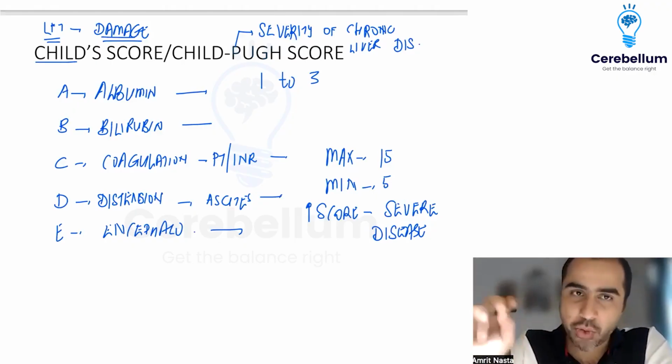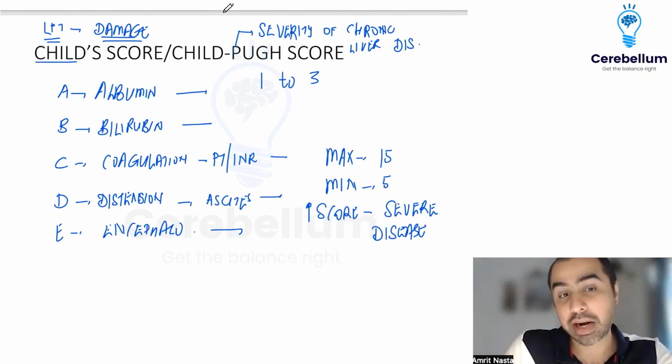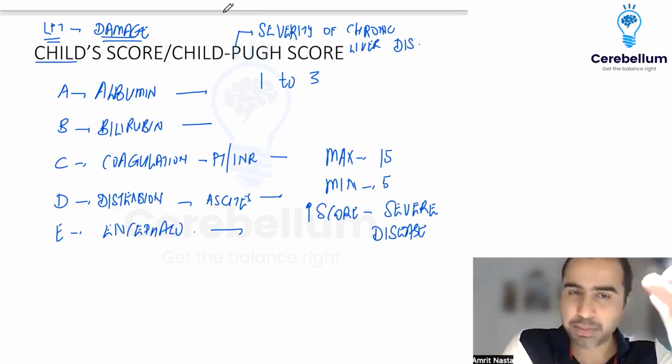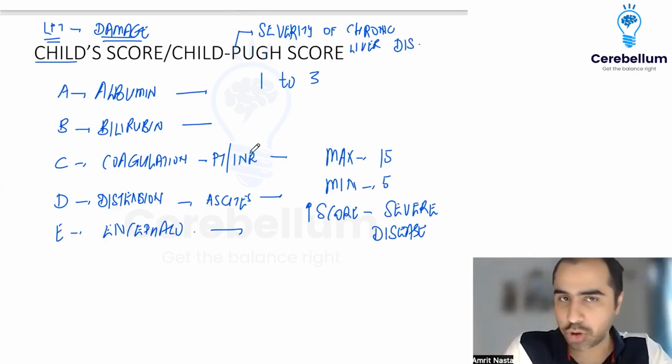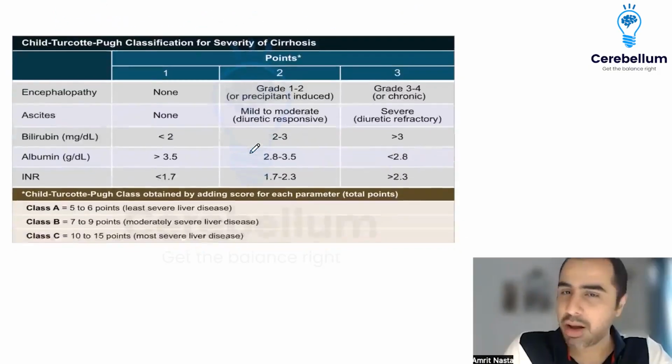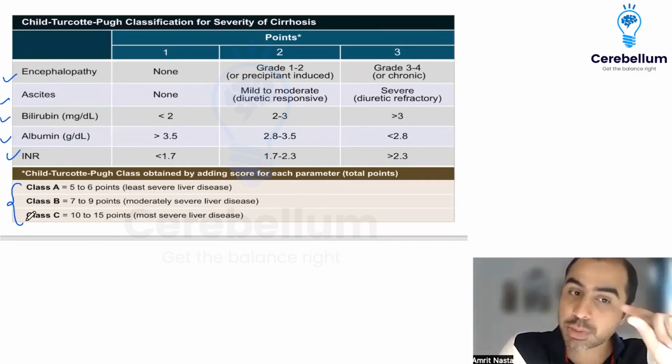Someone who has a Child score of 10, 11, 12, 13 is categorized as Child C. That person will require a liver transplant. You can see the whole score over here, but I don't expect you to remember each of these components. At least you should know the parameters, because that is what was asked, and at least you should know how much score is possible.